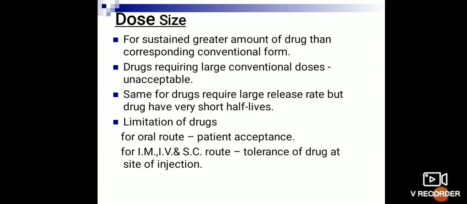For the oral route, patient acceptance means the drug requirement should not cross the 1 gram boundary, and then we convert it into sustained release or controlled release. For intramuscular, vein or other routes, the tolerance of the drug at the site of injection is the drawback, right?